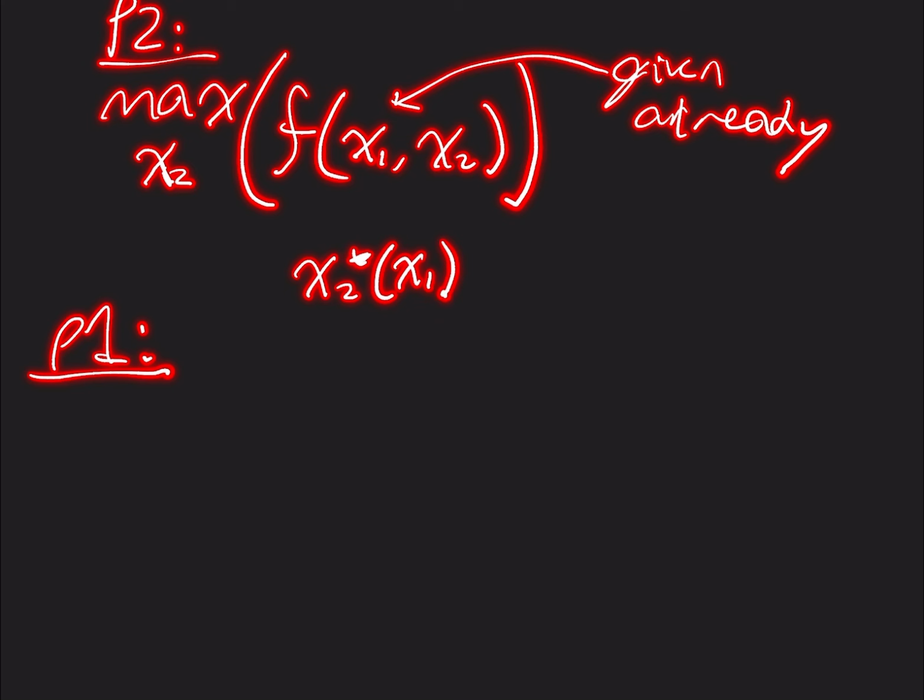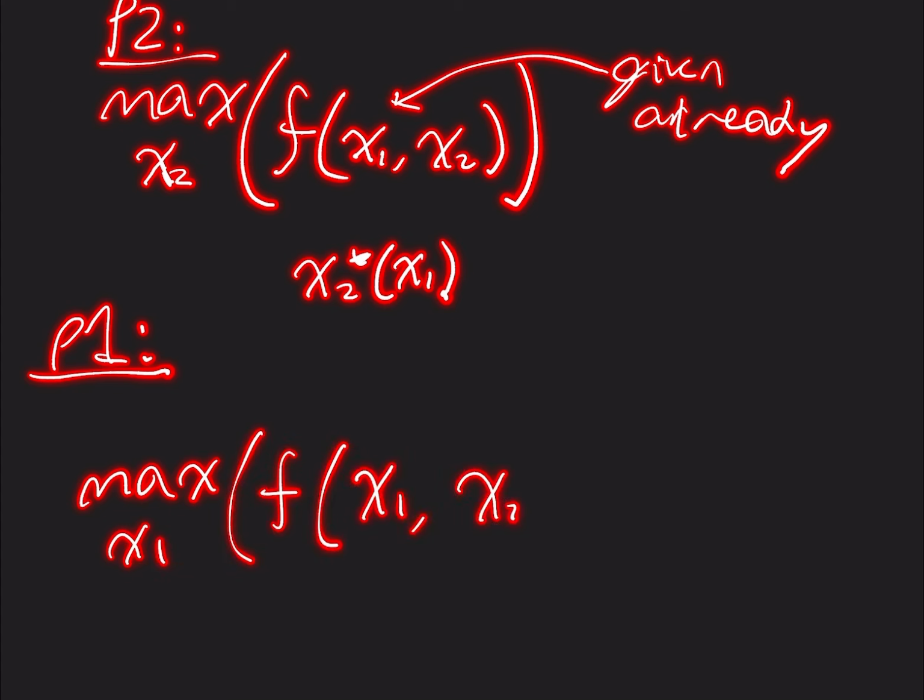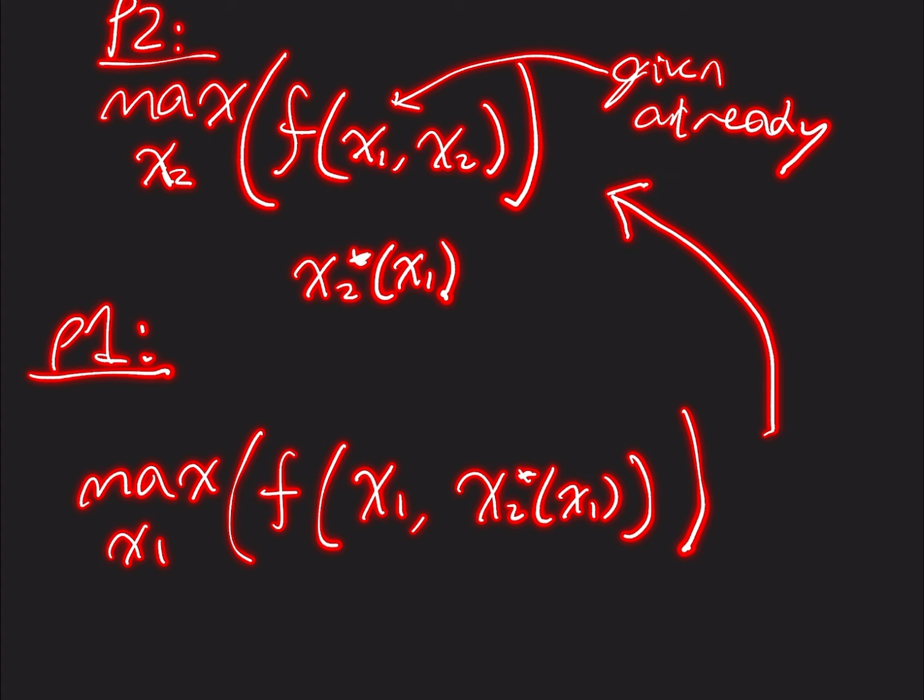It basically depends on what the other guy does. Then person 1 solves this. They solve their problem by backwards inducting on what person 2 is going to choose to do depending on what they do. And an intuition for this is that person 1 is thinking, if I do this, I think they're going to respond with this. That's how you can interpret this.